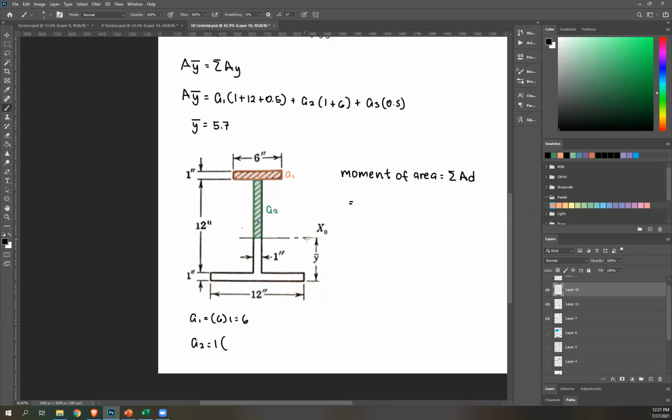The reference is your y bar. So this length is just the total length, right? 13 minus whatever this is, which is 5.7. So 13, again the total length from the base, minus y bar. What's the answer?